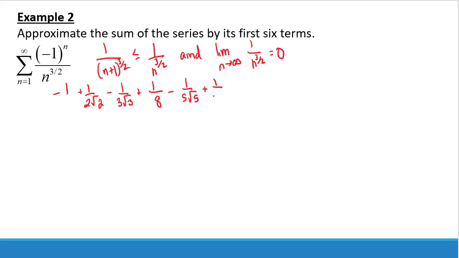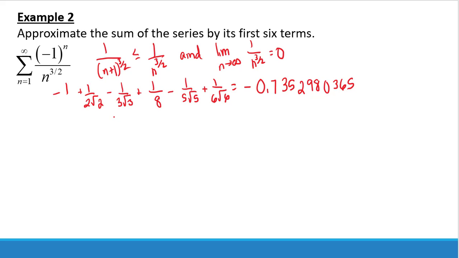Okay, so what this is, and I found this in my calculator, is the sum of the first 6 terms, 0.352980365.